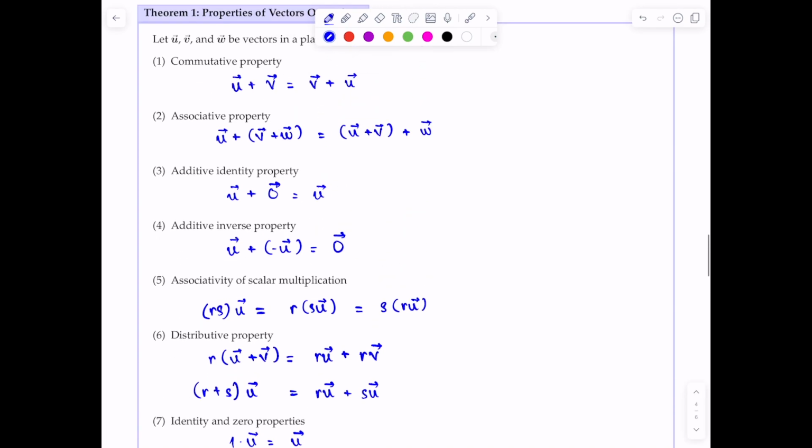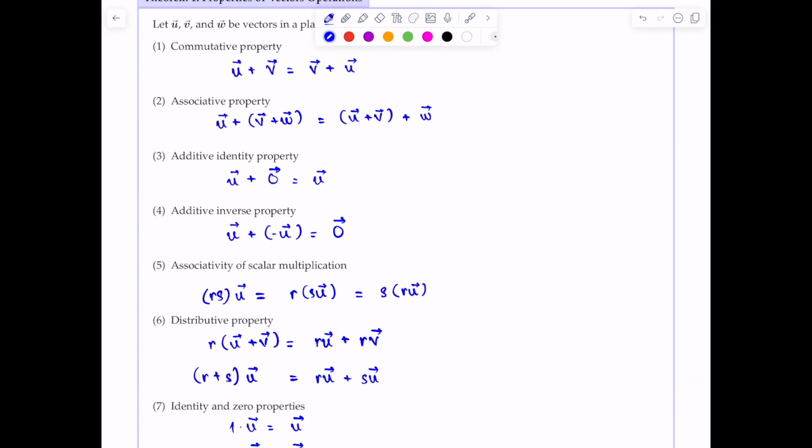So these are the properties of the vector operations, again including commutative property, associative property, distributive property, and some of the other properties that you're going to experience throughout this course.